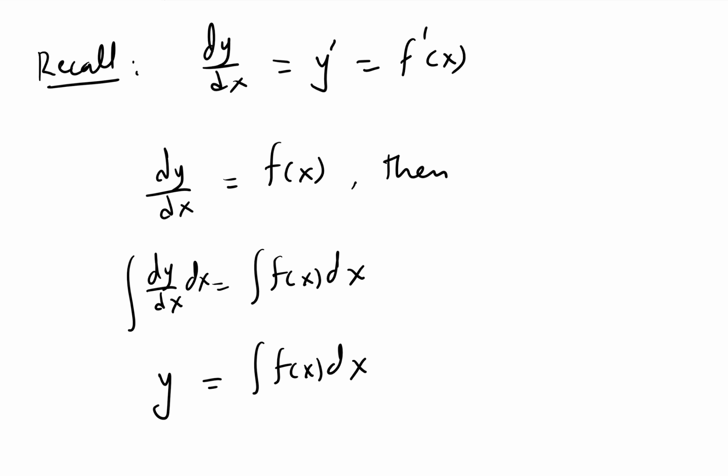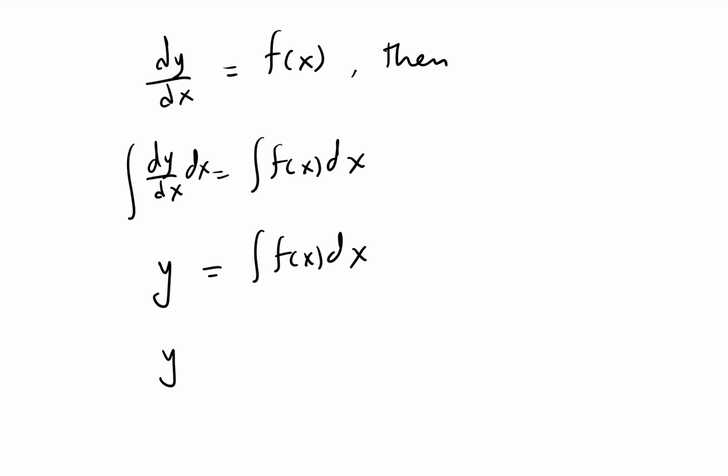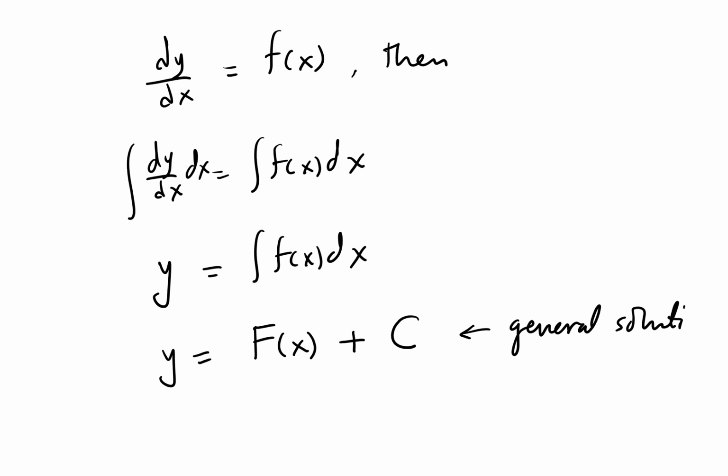And it depends on what that function is. Let's say its antiderivative is capital F(x), and we always add a plus c, always. This is called the general solution for this differential equation, because for every c value you get a solution.